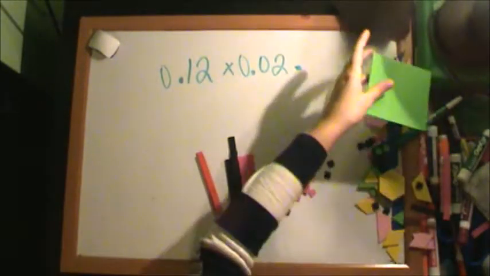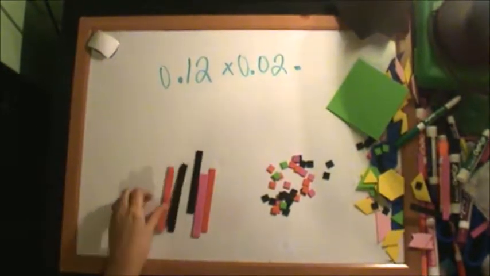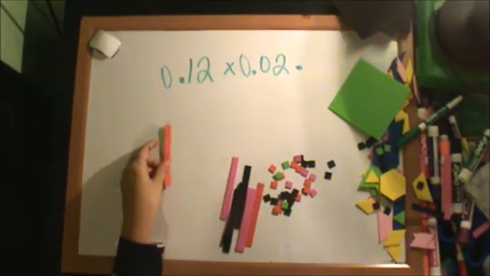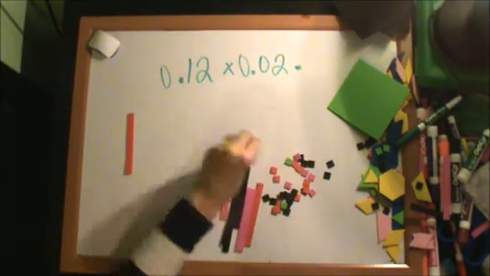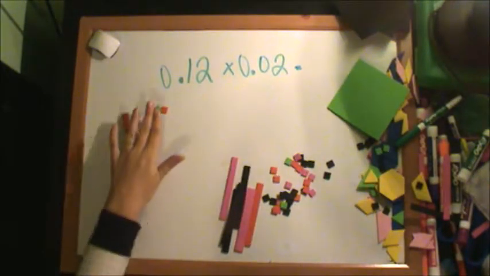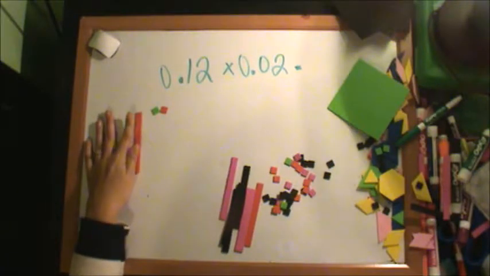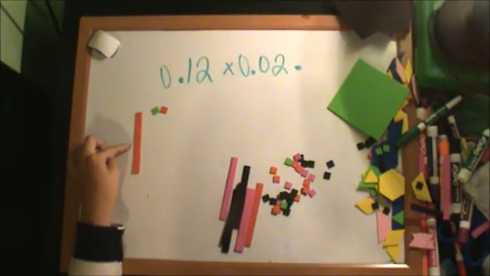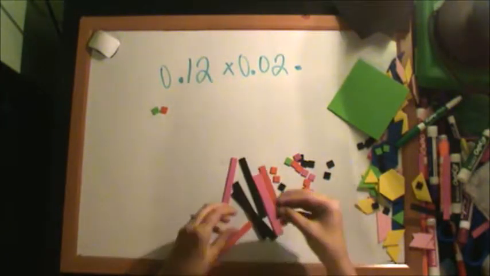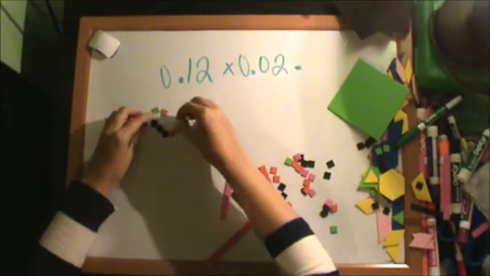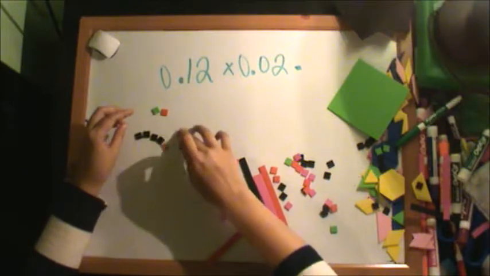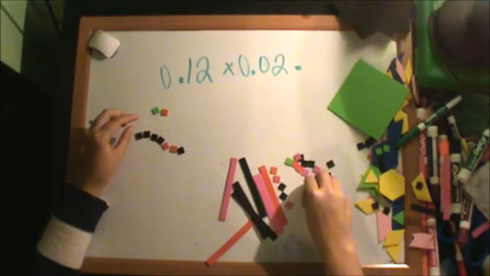Okay, so I'm not going to need this 1 for now. So in 12 hundredths, I have 1 tenth and 2 hundredths. So what I'm going to do is separate this tenth into hundredths. So there's 4, 5, 7, 10.